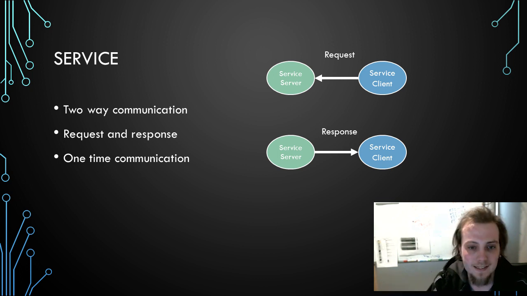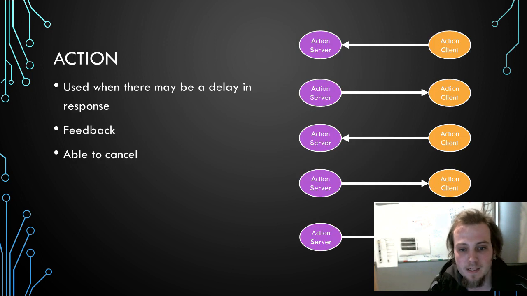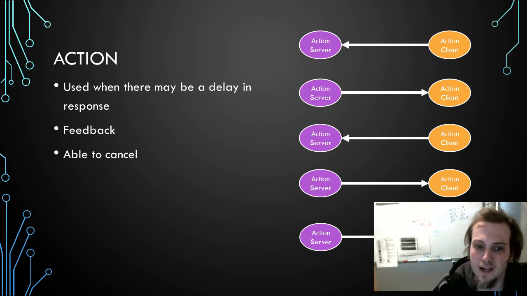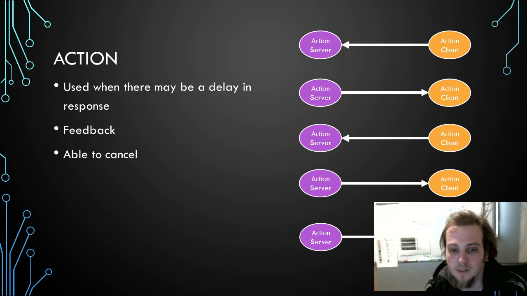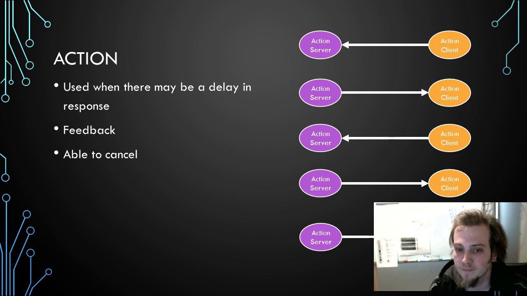Now, in some cases, there may be a delay in the time that it takes for a service request and response. In these cases, a user may want the ability to cancel the request during the execution, or they might want to just be able to get some feedback about how the request is progressing.